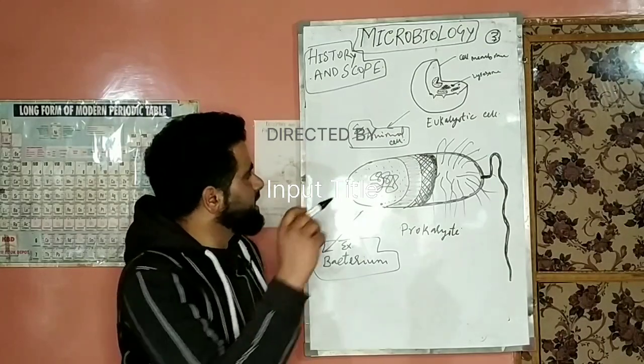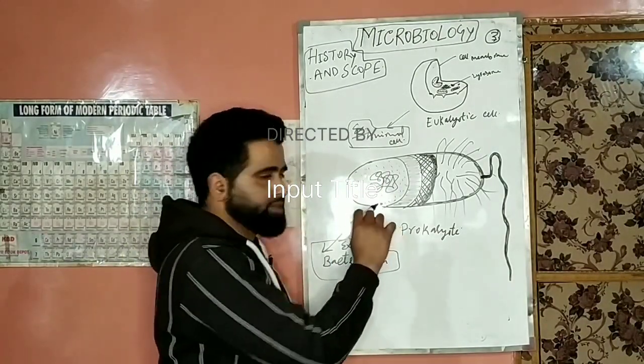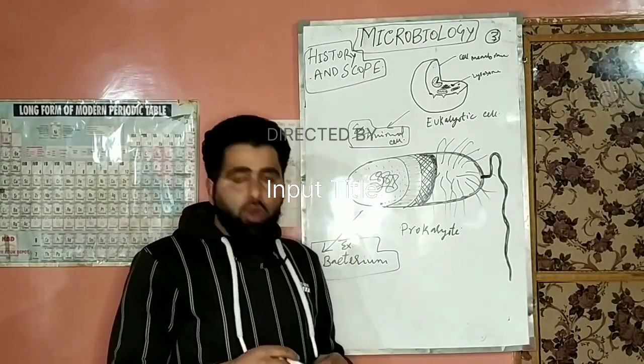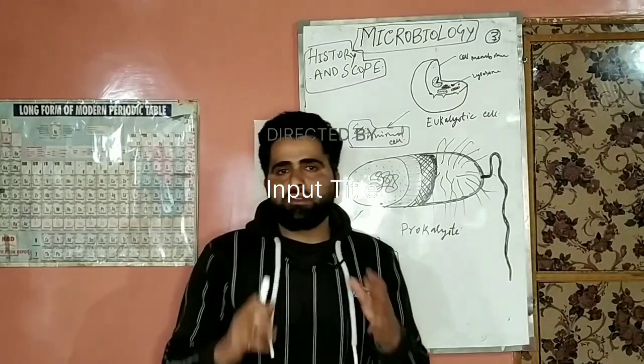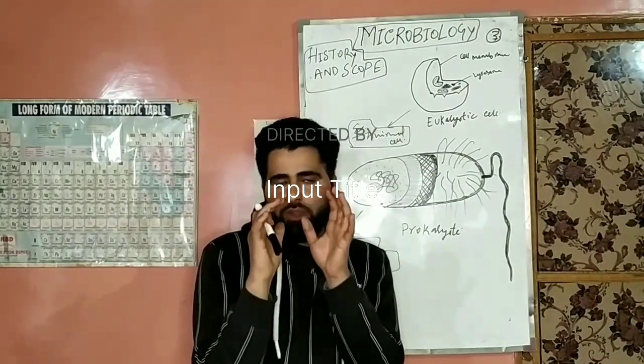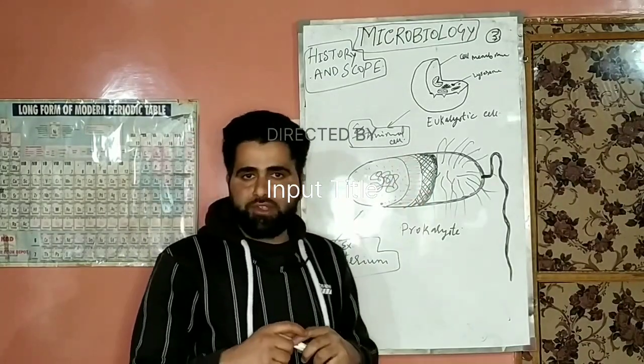So what I was saying is that there is compartmentalization in the eukaryotic cell, not in the prokaryotic cell. Compartmentalization means membrane bound organelles. Membrane bound organelles are found in eukaryotic cells and not in prokaryotic cells.